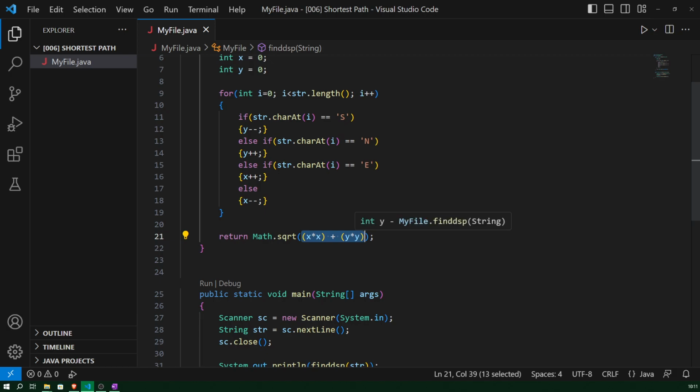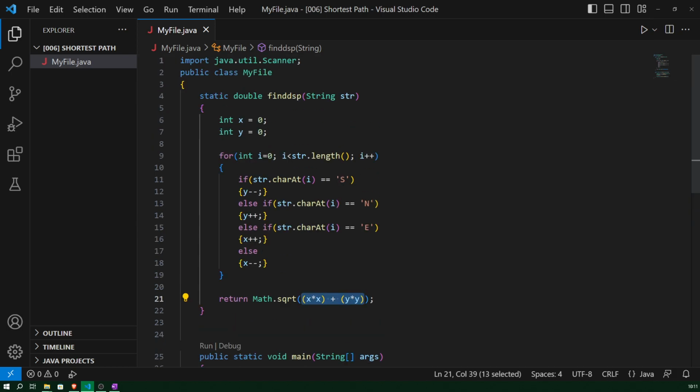Just in case the problem mentions that we are starting from some other random point, let's say 5 comma 5, then initially we will be at 5 comma 5, and in that case the displacement will be different. But in this problem we are assuming that we are always starting from origin.